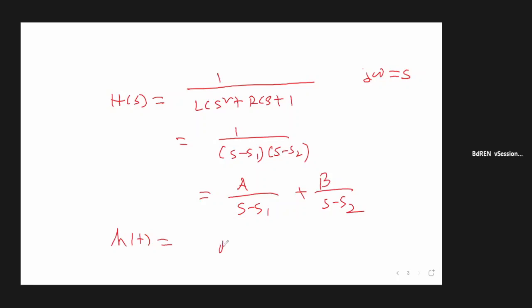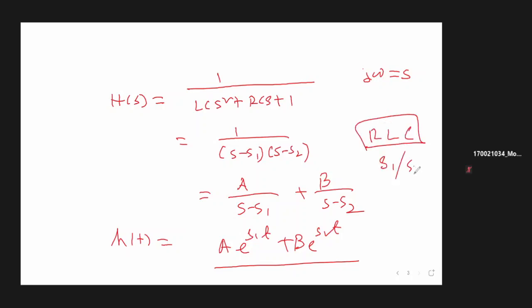Your h(t) equal to A e to the power S1 t plus B e to the power S2 t, okay? Your S1 can be real, can be complex conjugate, isn't it? It depends on the value of L, C, R, isn't it? Yes, sir. Depending on the value of R, L, C, the nature of S1 and S2 will be determined.